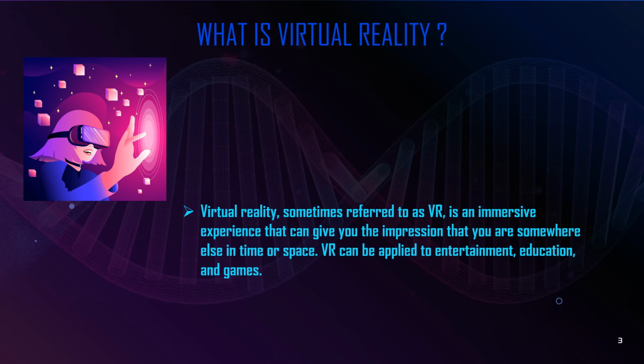VR is a computer generated environment with scenes and objects that appear to be real, but in reality it's actually not real, and it makes the user feel that they are actually immersed in their surroundings. So for example, when we speak about games, you might play the game as a person in first person perspective as a player, but you are not actually in it.